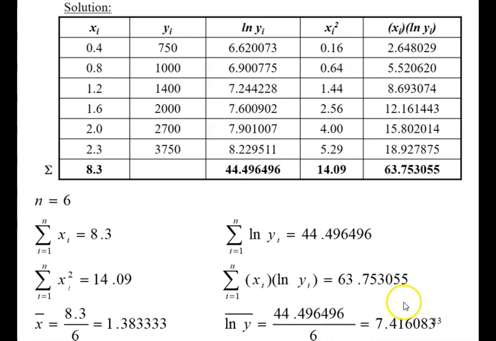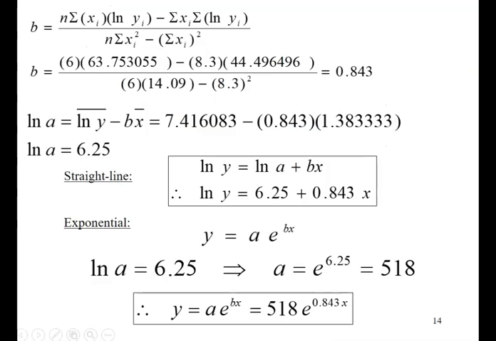Once you have all these elements, you also need the arithmetic mean for x and the arithmetic mean for ln y. Then you can substitute into the equation of the slope. This is the equation of the slope. Just substitute all the values into the equation, and you will get your slope as 0.843.